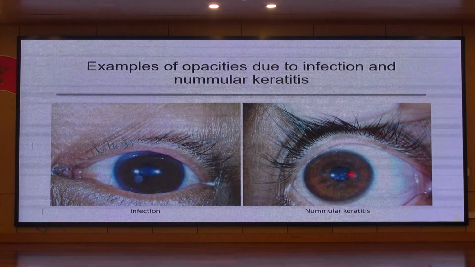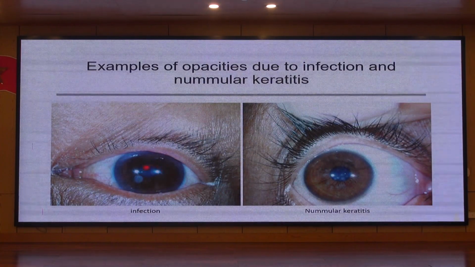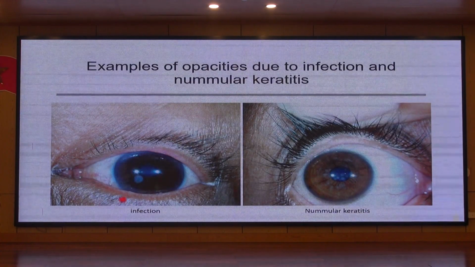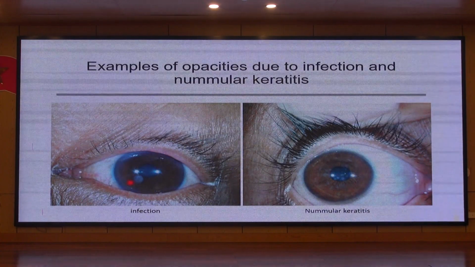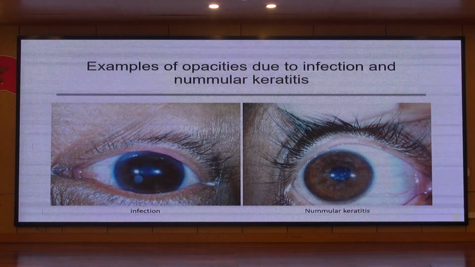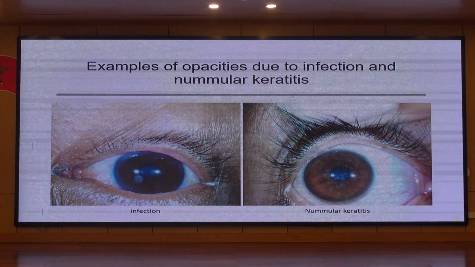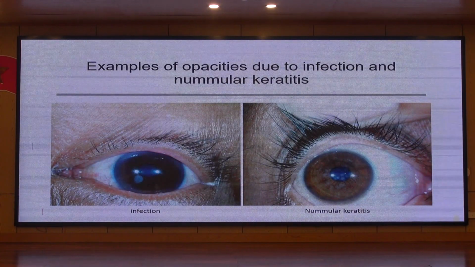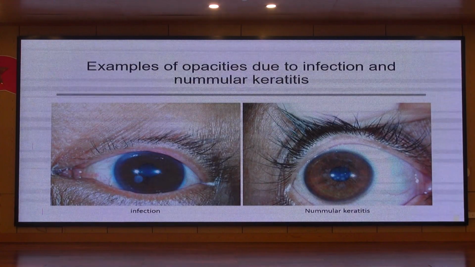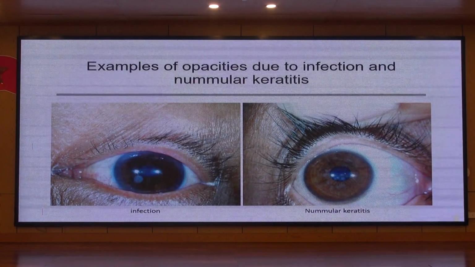Opacity secondary to bacterial or fungal infection is typically characterized by a single scar with rounded borders or a main scar with satellite lesions, whereas pneumokeratitis is typically characterized by a multifocal scar that spreads across the cornea, as you can see in this figure here.